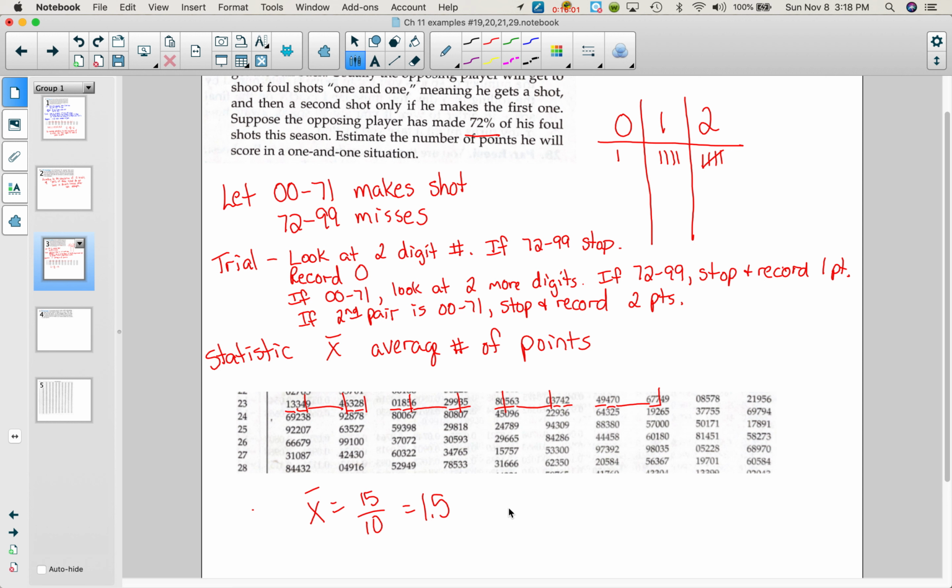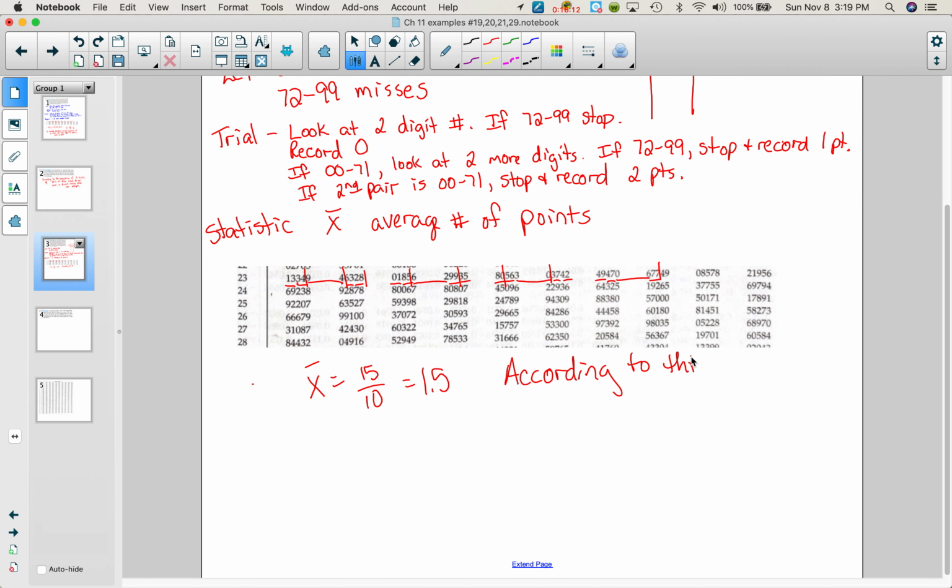So then what I would say, remember we were estimating the number of points, so according to this simulation of 10 trials, he will make, on average, 1.5 points.